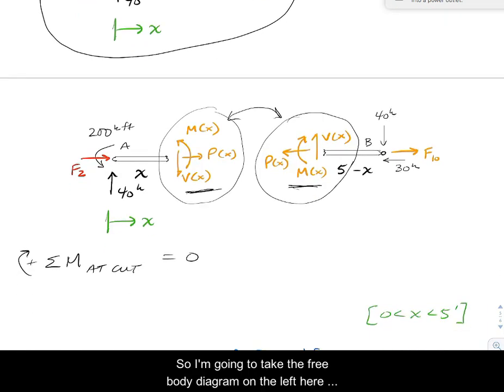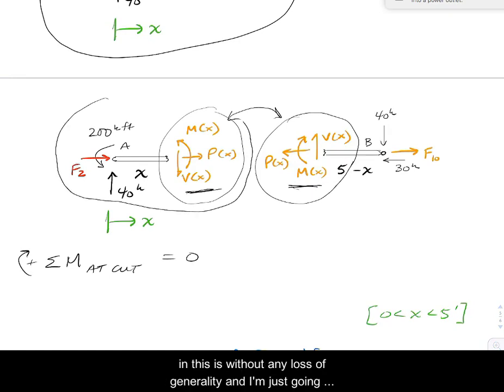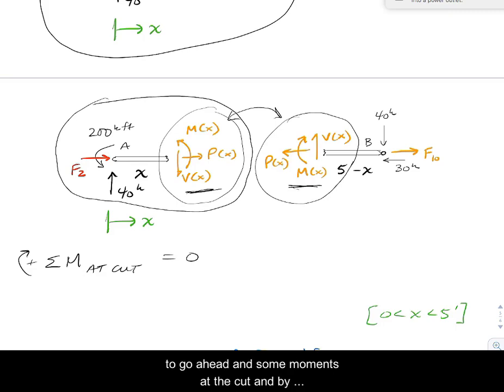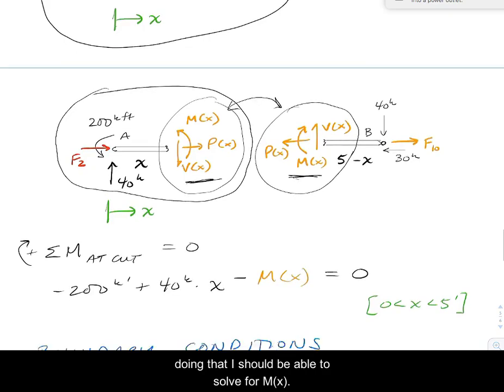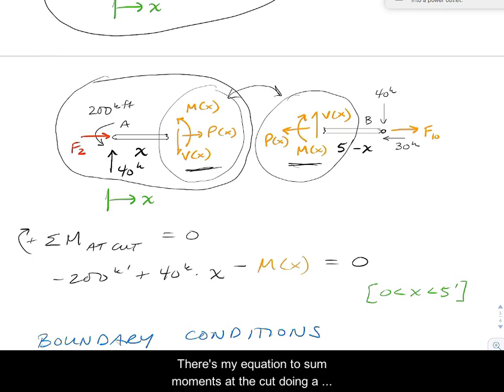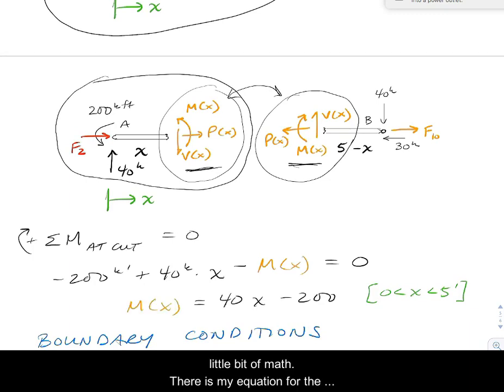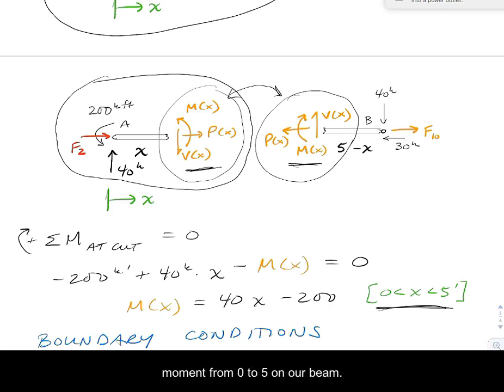So I'm going to take the free body diagram on the left here. Again, this is without any loss of generality, and I'm just going to go ahead and sum moments at the cut. And by doing that, I should be able to solve for M of x. And so there's my equation, sum moments at the cut. Doing a little bit of math, there is my equation for the moment from 0 to 5 on our beam.